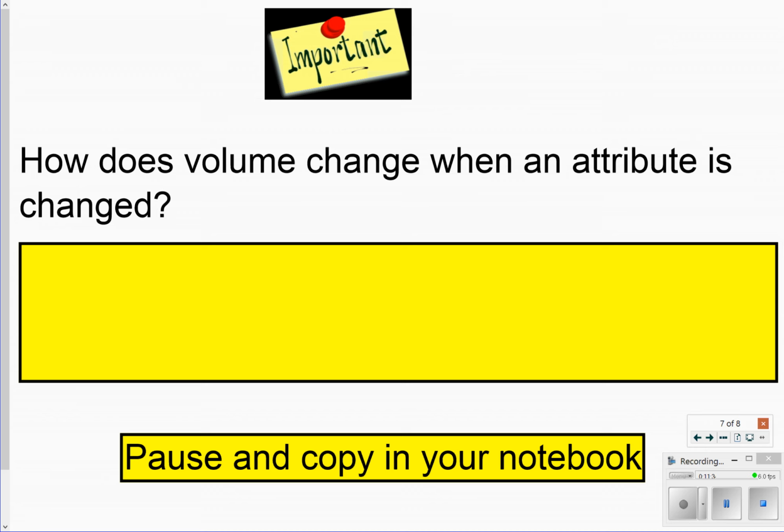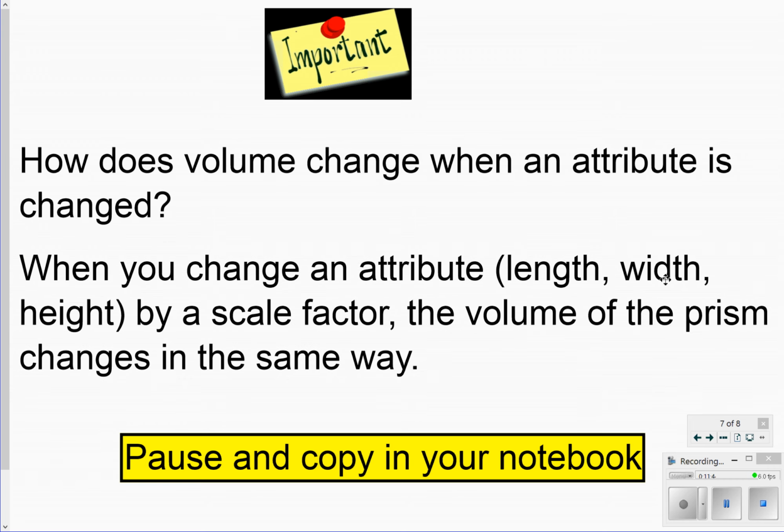Well, this is something important to think about. How does the volume change when one of the attributes is changed? Well, if you said that when you change an attribute, which would be length, width, or height, by a scale factor, then you probably noticed that the volume of the prism changed the exact same way.